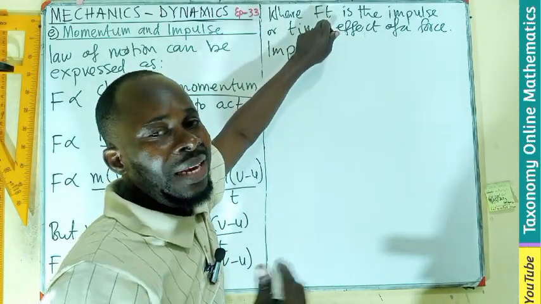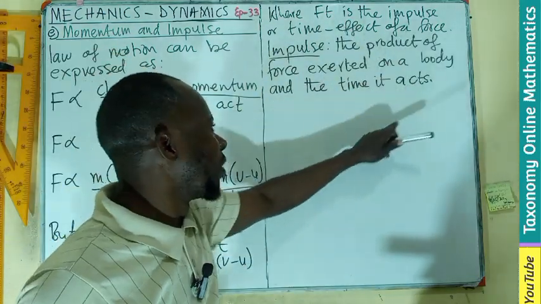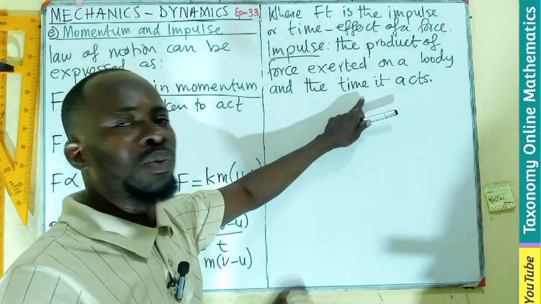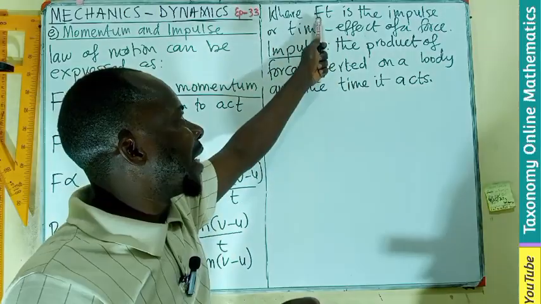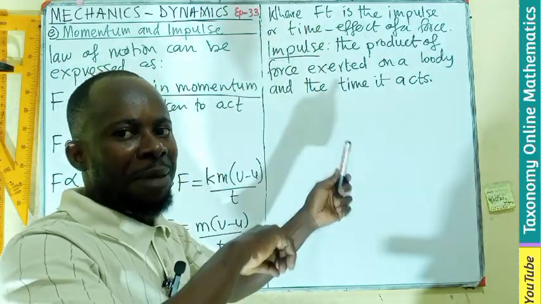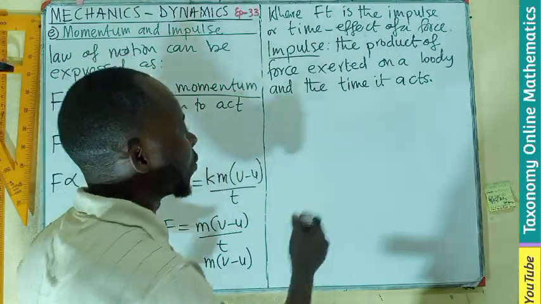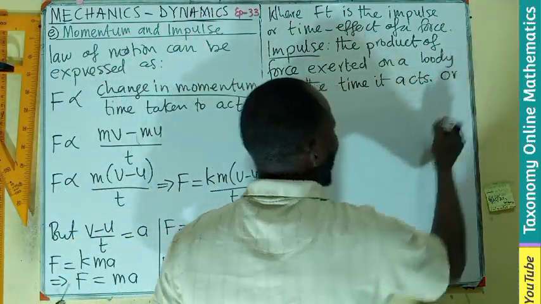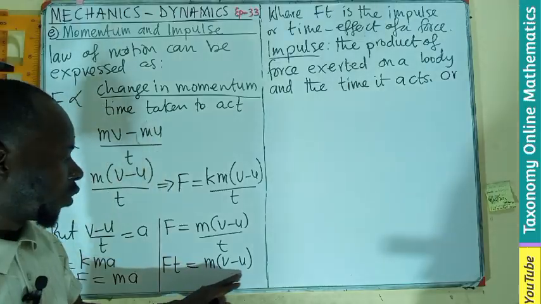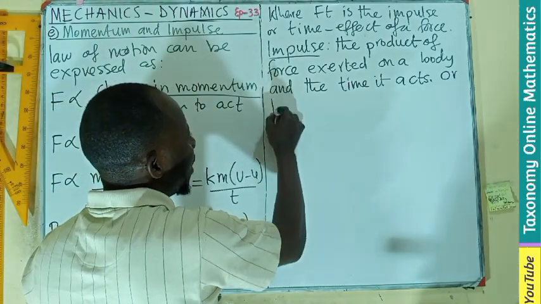So that's going to be the product of the force exerted on a body and the time it acts, as in just the Ft product. The force exerted times the time that it takes to act. That is what we can call the impulse. Or better still, we can define it based on the right hand side.